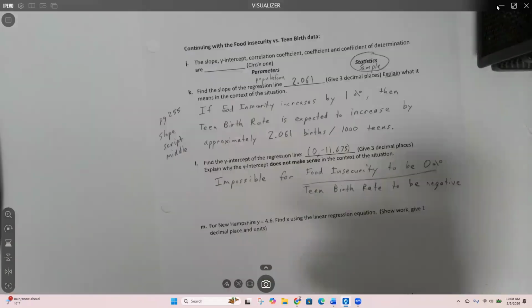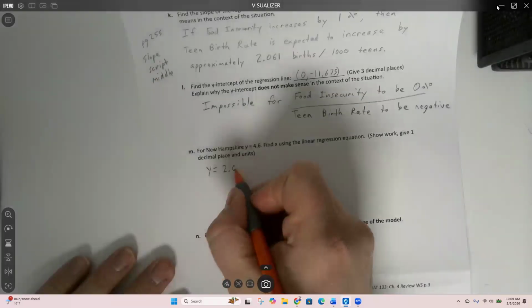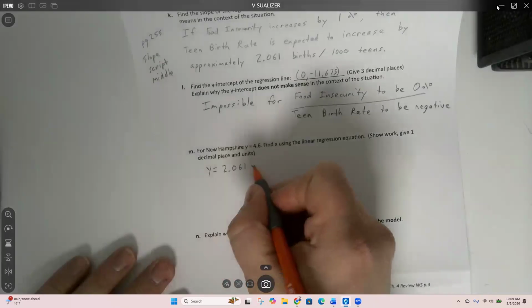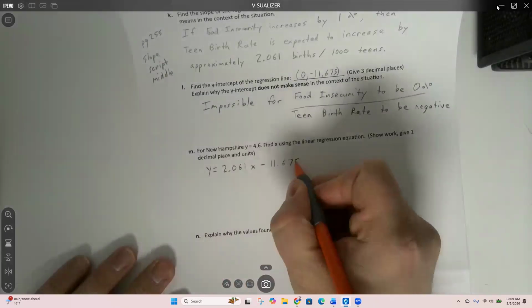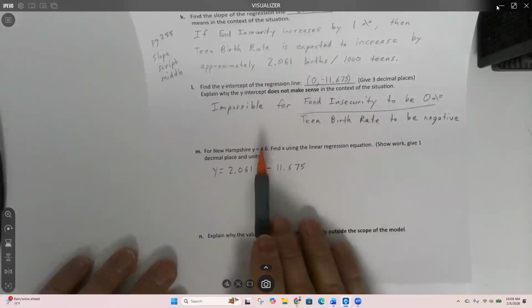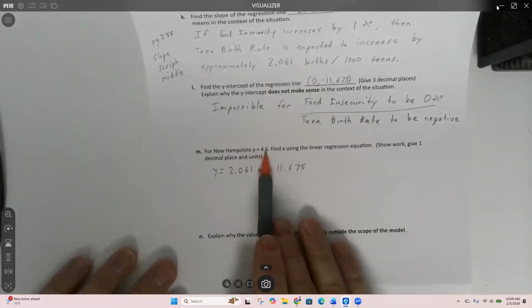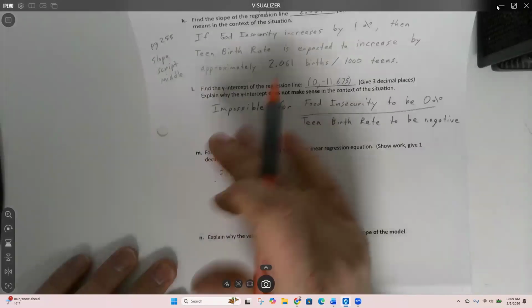I'm going to rewrite that. They're telling us that New Hampshire's teen birth rate is 4.6, so we can replace y with that number.